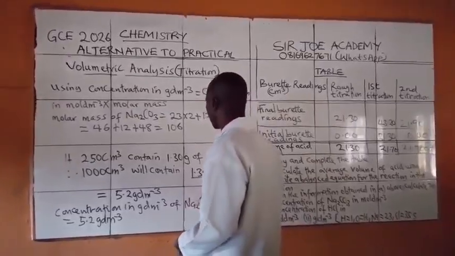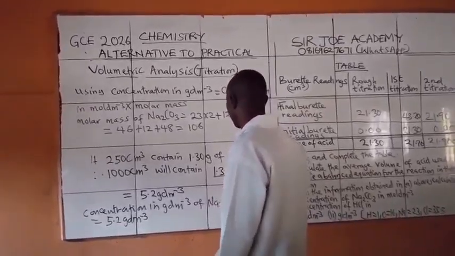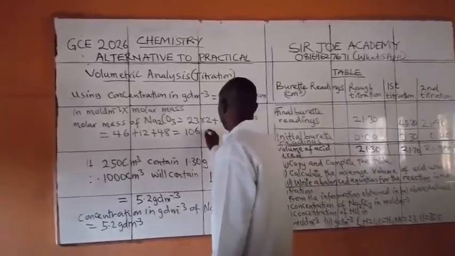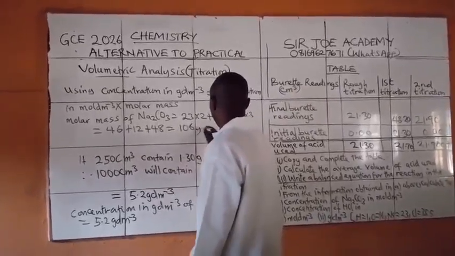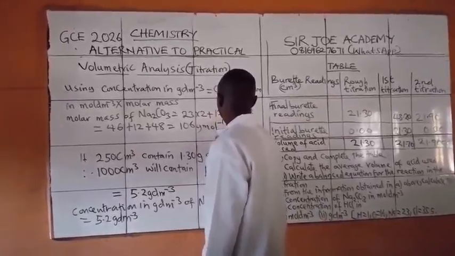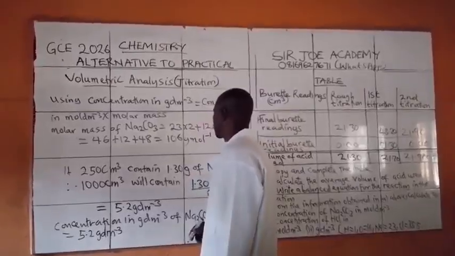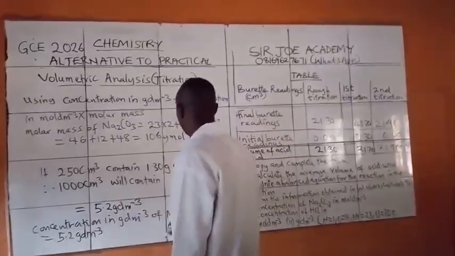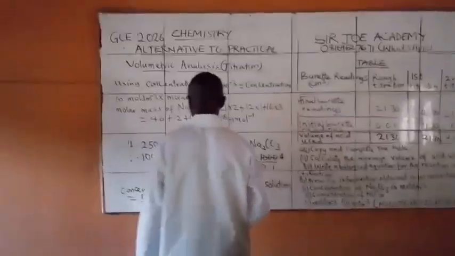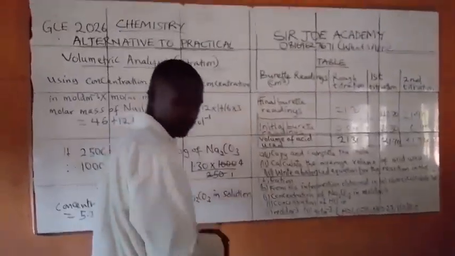Now, the unit for molar mass is gram per mole. So the molar mass of Na2CO3 is equal to 106 gram per mole.